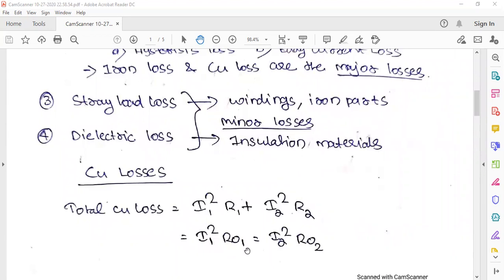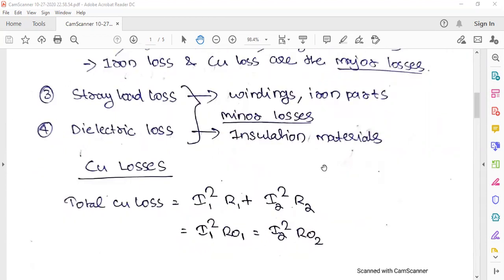So referring to the primary, it will be I1 square R01, which is equal to I2 square R02. You know what R01 is when referred to the primary, with N1 by N2, everything explained in the previous class. If anybody hasn't watched the previous class video, do watch that.